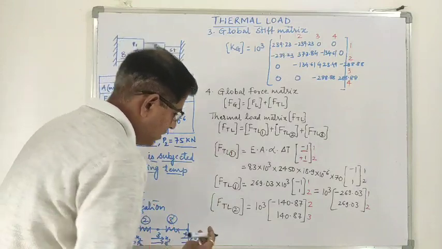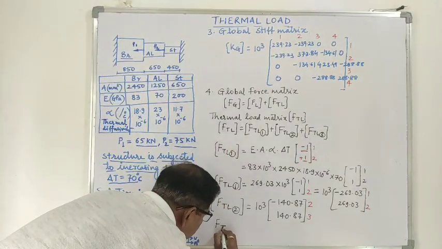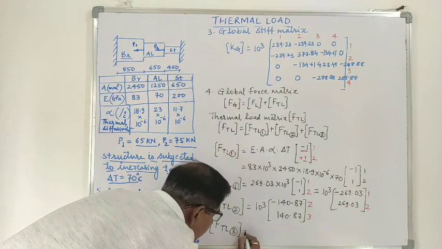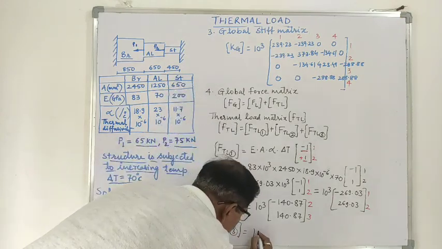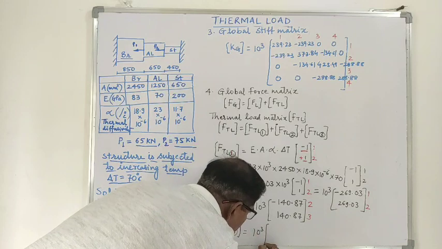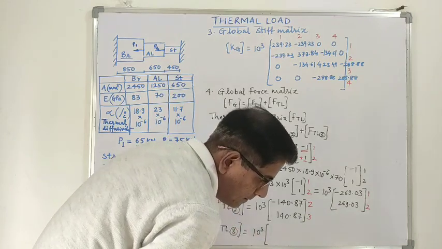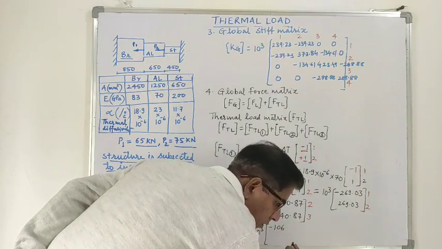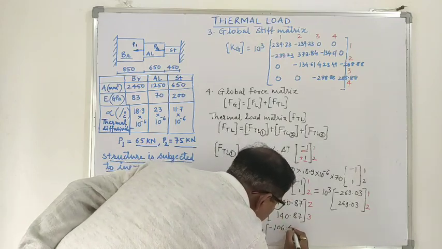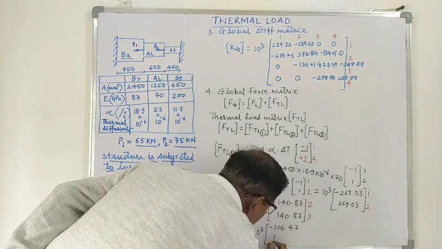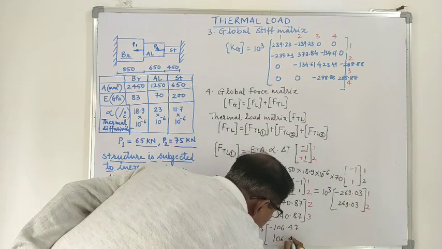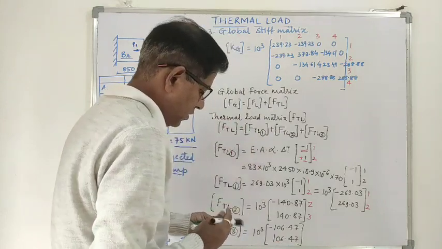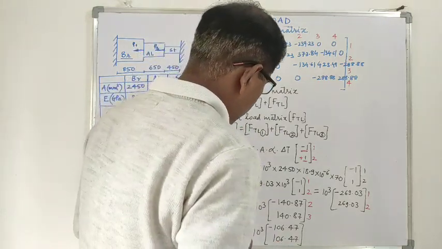Similarly, the thermal load matrix for element number 3 is calculated as 10 to the power 3 outside. It is minus 106.47, 106.47, and this is for node number 3, 4.